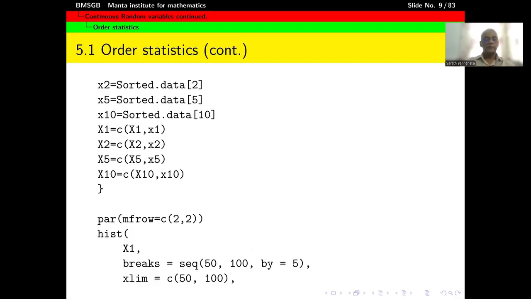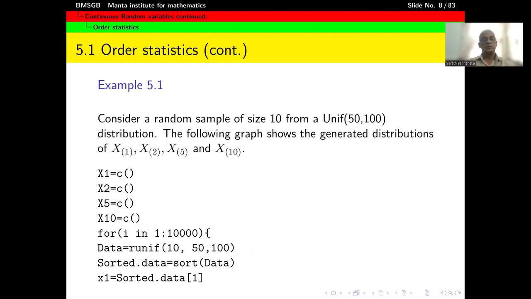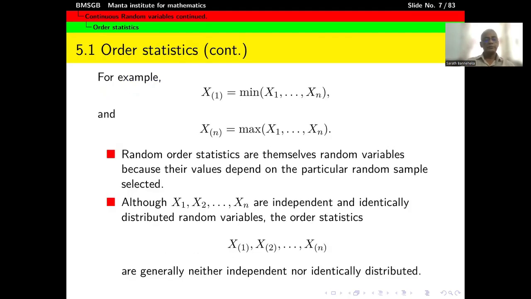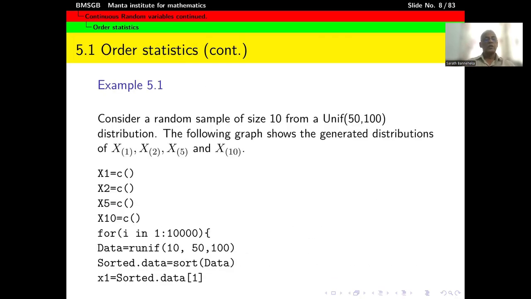So let us consider a situation, just an example. Consider a random sample of size 10 from a uniform distribution between 50 and 100. So suppose X has a uniform distribution between 50 and 100.